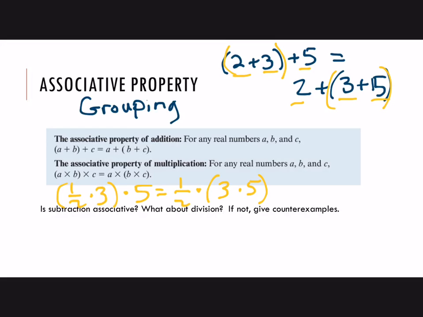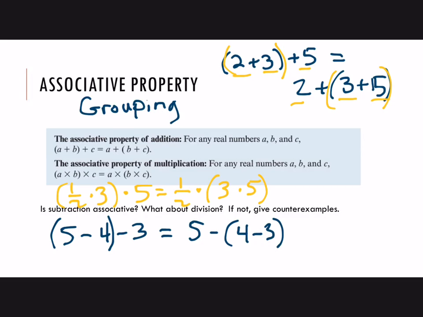Okay, how about subtraction and division? So try a couple examples. How about 5 minus 4 minus 3, and let's put parentheses here. And then we want to see, is that the same as 5 minus 4 minus 3, putting parentheses there. So see what you think about that one. And then division. Let's try something with numbers that are easier to divide.